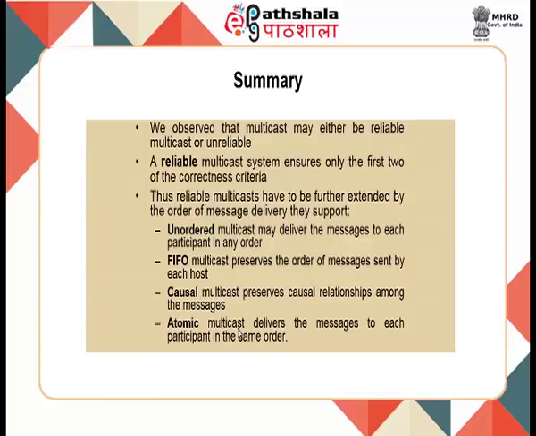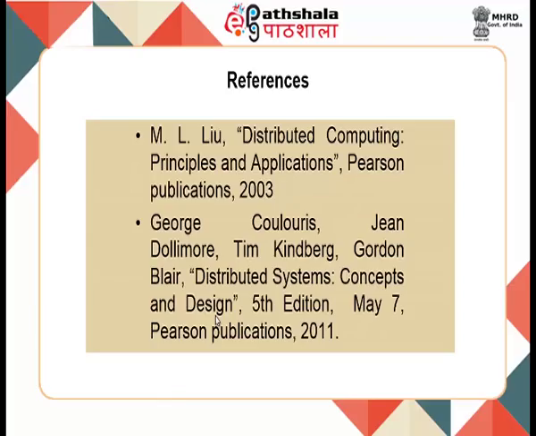And we looked at atomic multicast delivery, where it doesn't matter what order the messages are received, but do ensure that all the recipient processes receive all the messages in some correct order. So, these are our references.